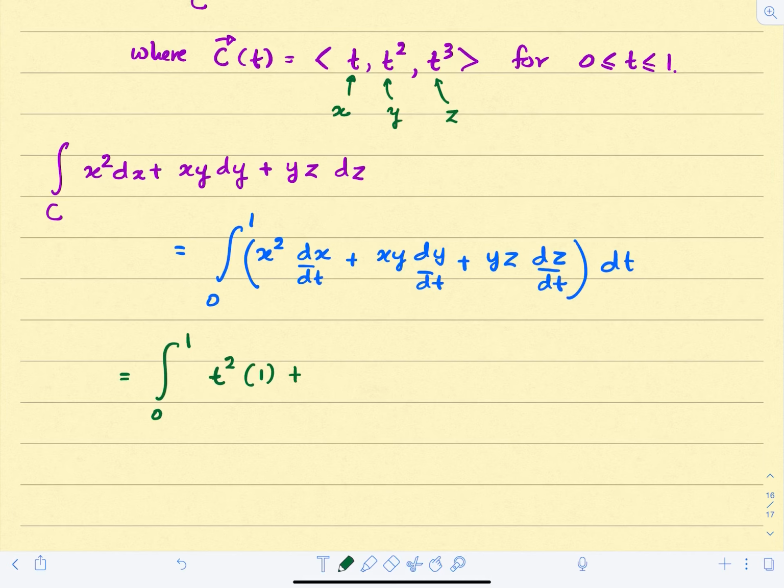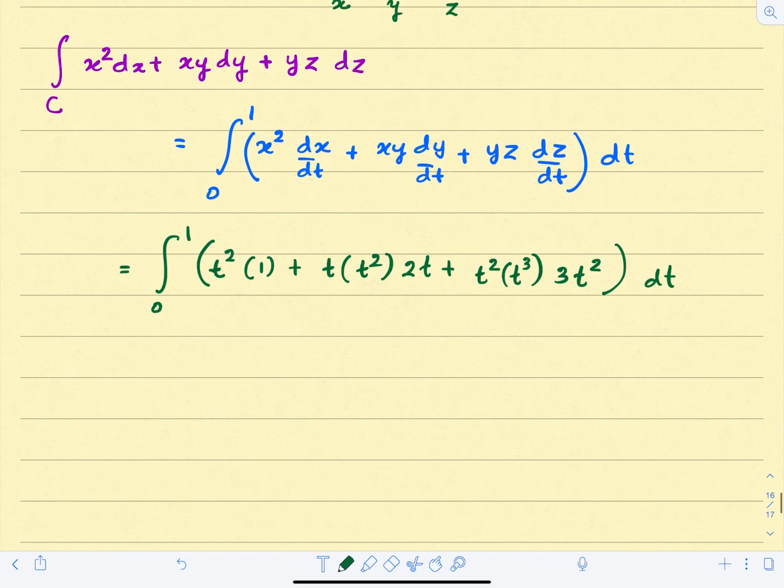Plus xy: x is t, y is t squared. And what is dy over dt? dy over dt is 2t. Plus yz: y coordinate is t squared and z is t cubed. dz over dt equals 3t squared. Now we have dt.